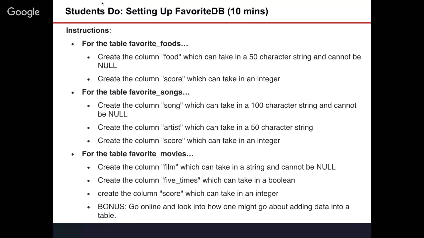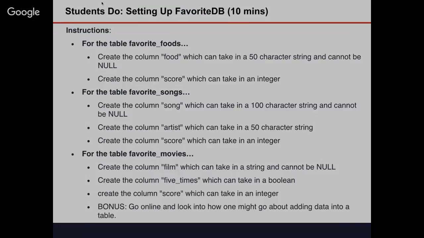Essentially, what we're going to do is create a new database. We can call it like favorite DB, whatever it is. Then within that, we're going to create a table for favorite foods, a table for favorite songs, a table for favorite movies. Each one of those will have its own set of properties. So let's take a look here.